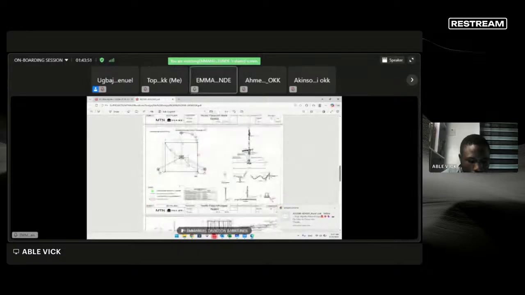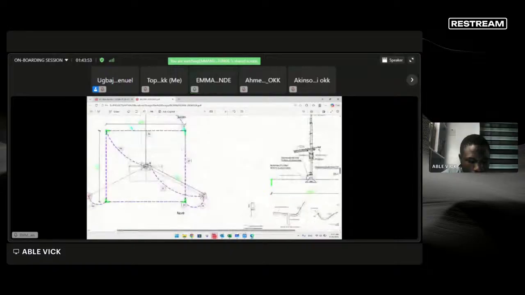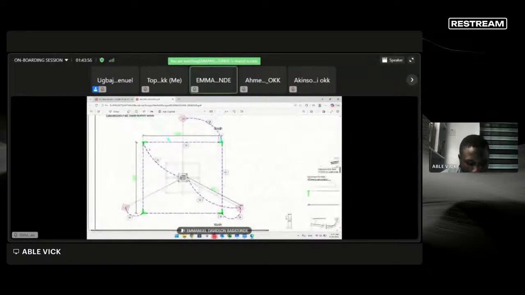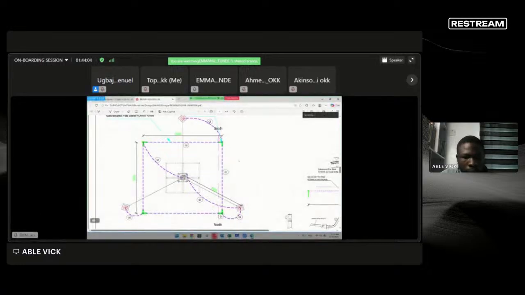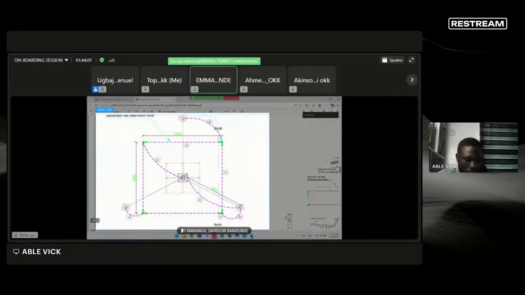So for the earthing, this is the earthing layout. And like I said, it's 6 by 6 meter ring around the tower. So you have like a 6 by 6 meter ring around the tower.